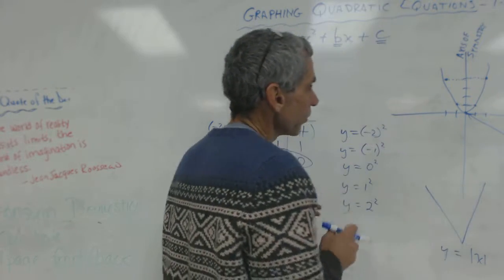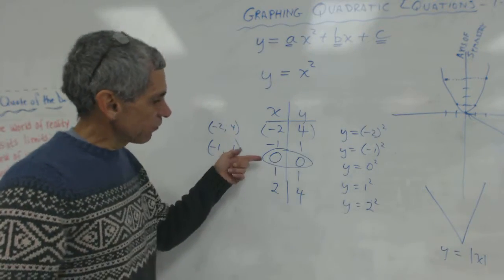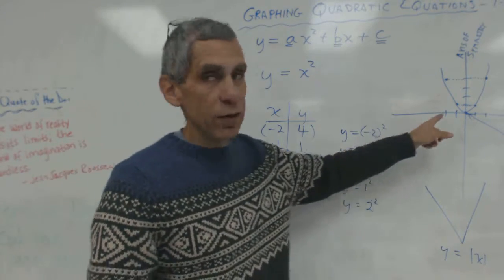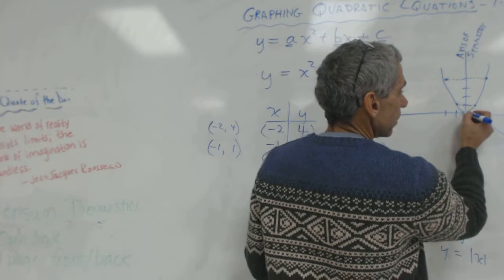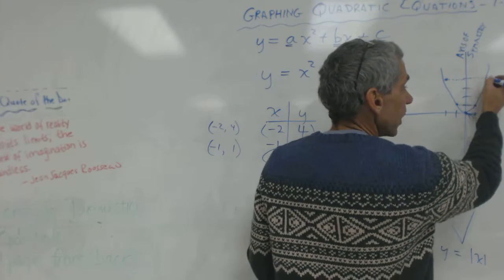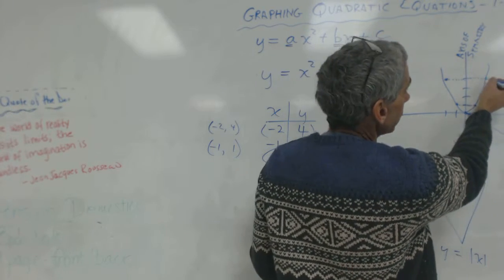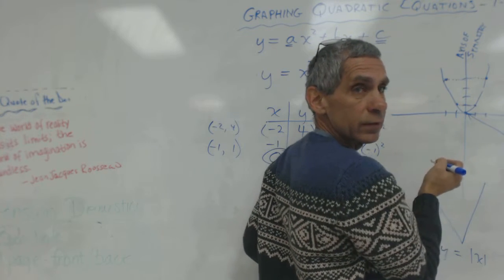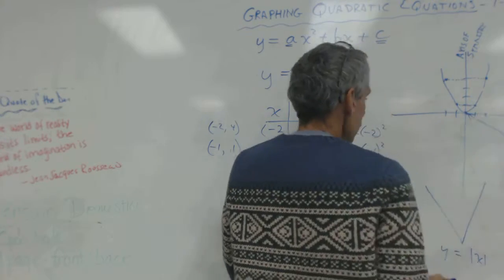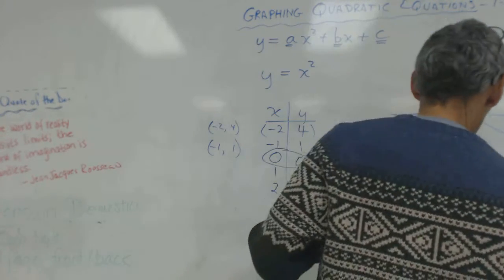So the cool thing about that is if I know where the vertex is, then I can just plot one side, and then I can say, oh, well, this is 2 over from the axis of symmetry, so I just go over 2 this way. Does that make sense? I could have graphed it like this.